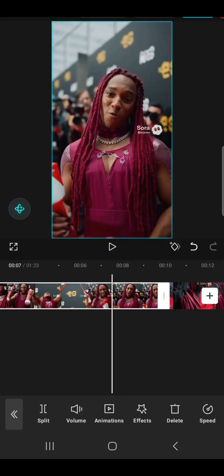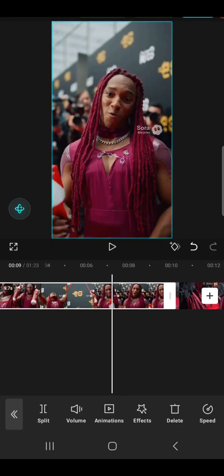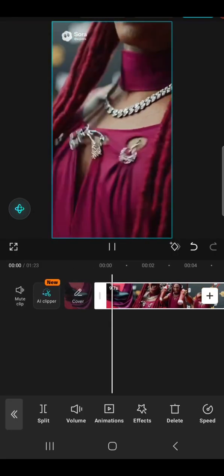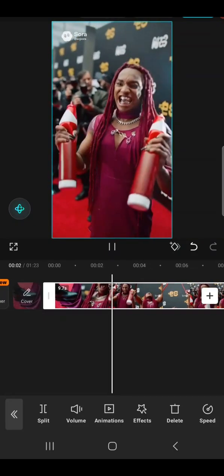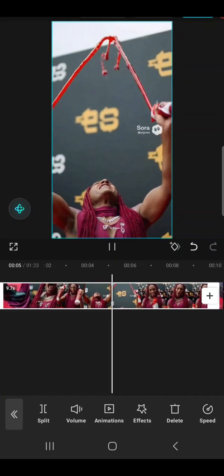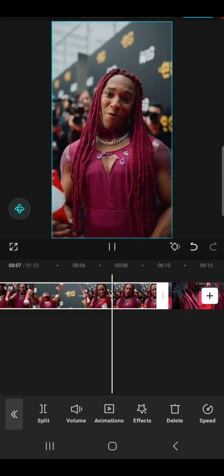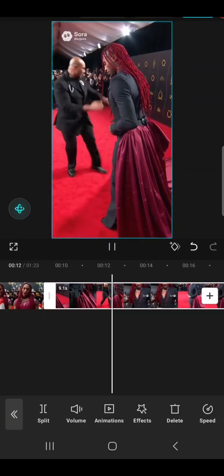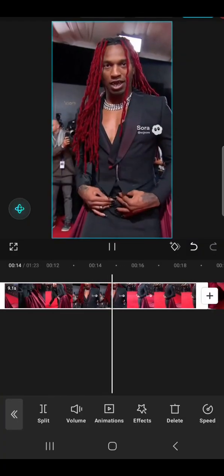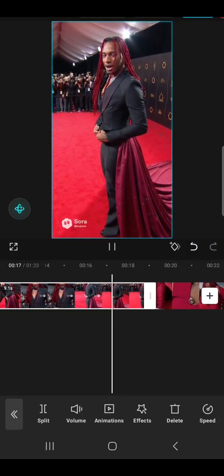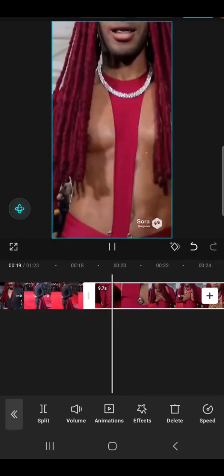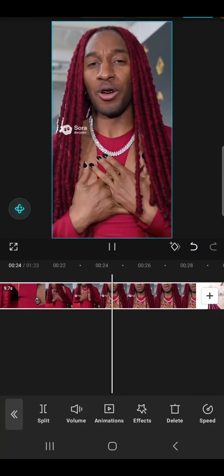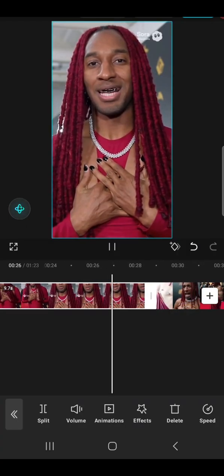Oh, so these, I'm getting ready to play them so you can see the reason I cut them out. So yeah, is this the one I used for the close-up? I don't even remember generating or telling it to do a close-up.